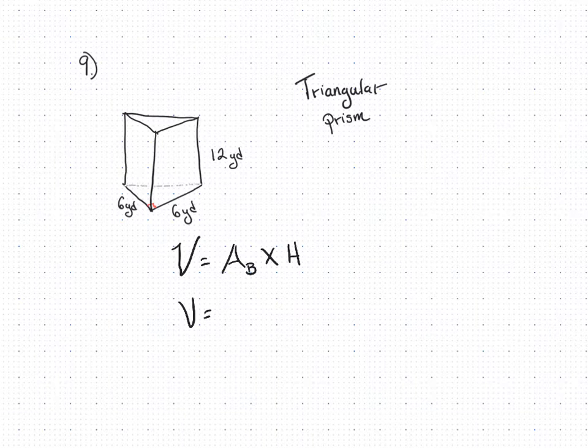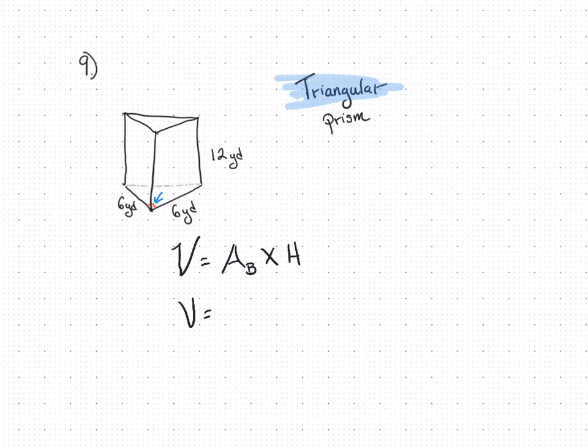This is a triangular prism, so I'm going to be looking for my triangle. And the reason why I chose number 9 instead of doing one of the equilateral triangles is because we often get confused here. But remember, because we're dealing with a right triangle, the height of a right triangle is actually one of the legs. So this right angle symbol connects the base and the height always.